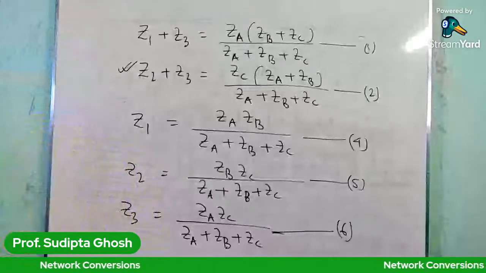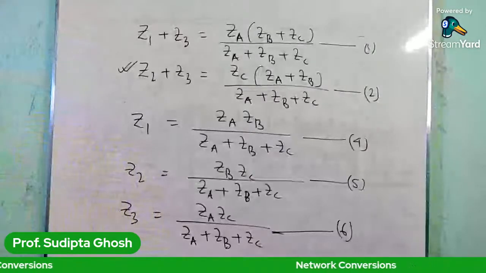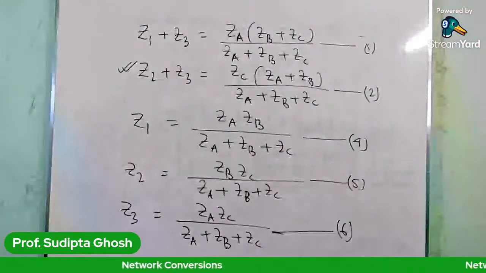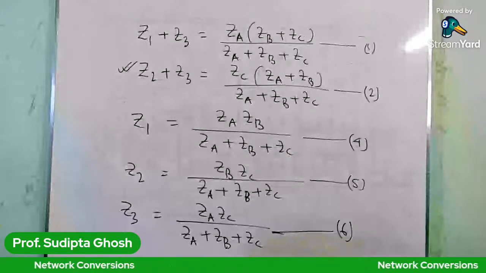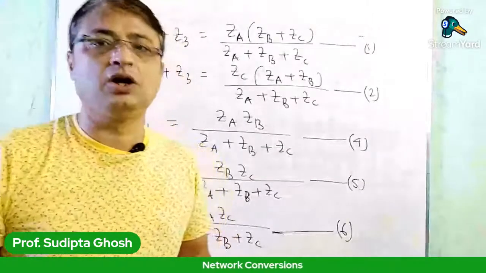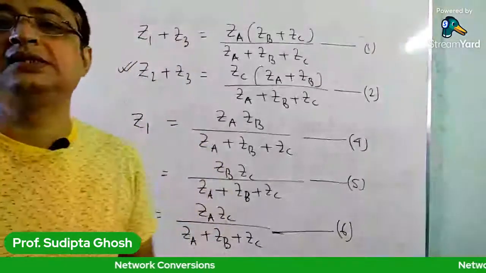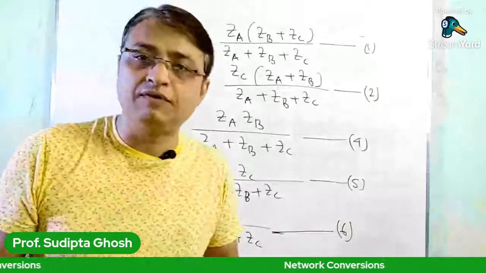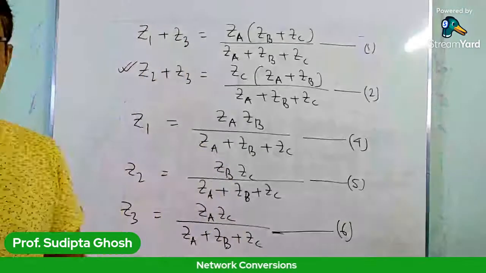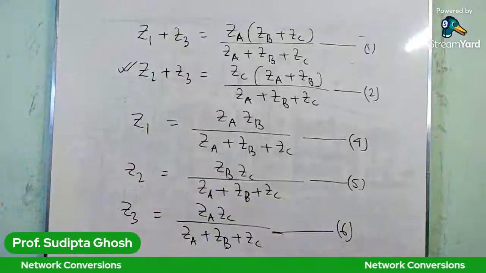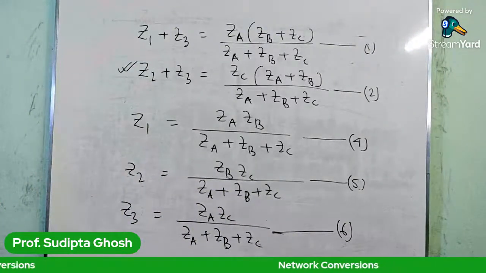So let's move on to the reverse process. If we have the T section impedances as given in a T section, we have to convert it into a pi network. So now the topic I am going to cover is to convert a T network into a pi network.